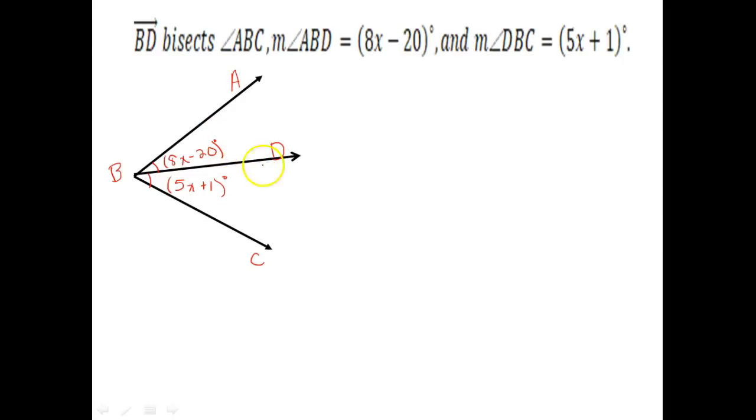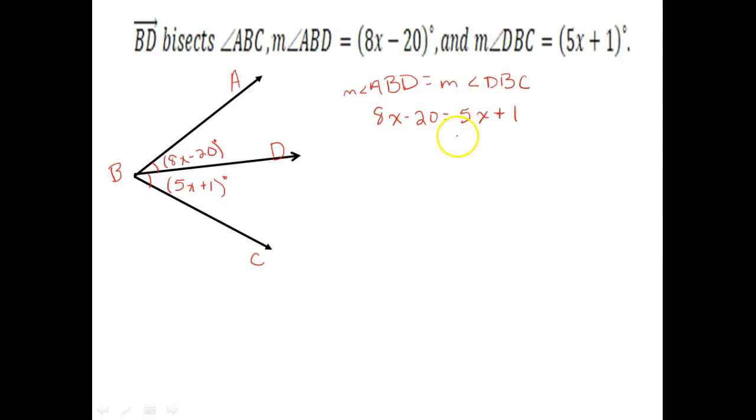Alright, since we know those two angles are congruent, we can set them equal to each other. So the measure of angle ABD is equal to the measure of angle DBC. So I know that 8x minus 20 is equal to 5x plus 1.